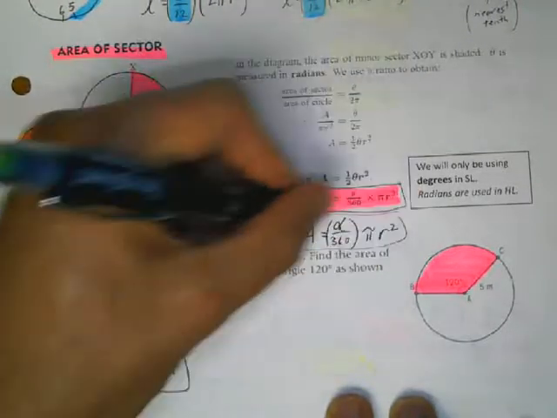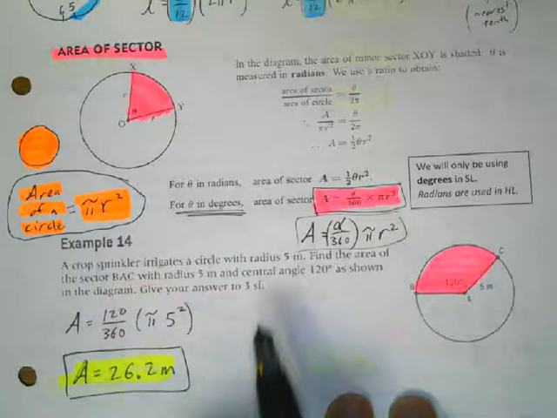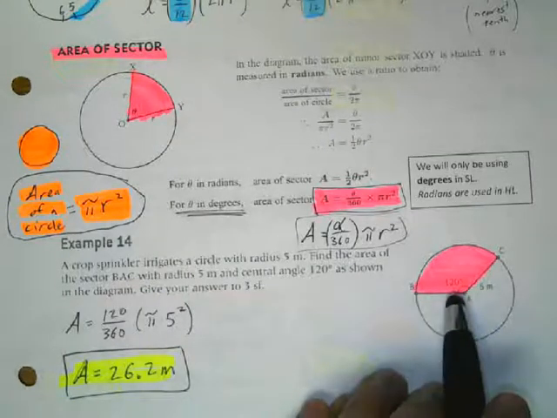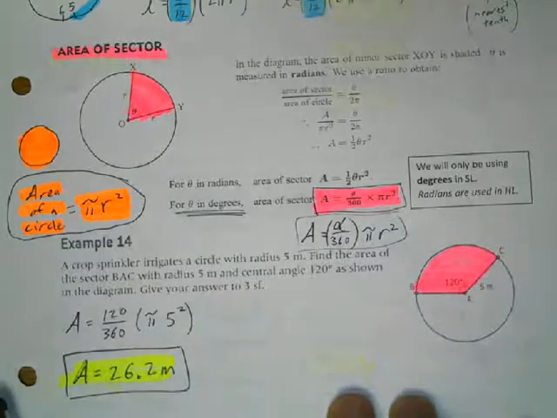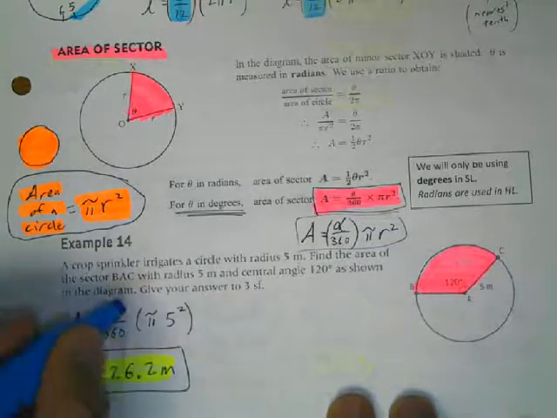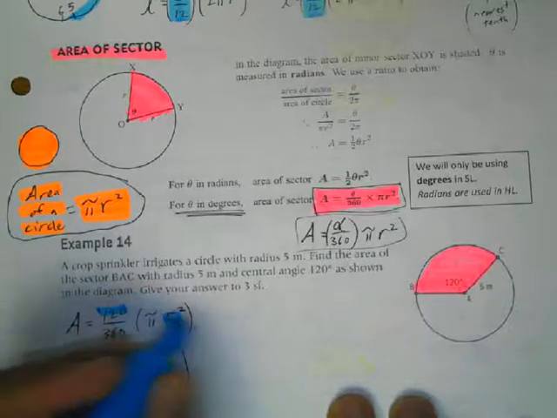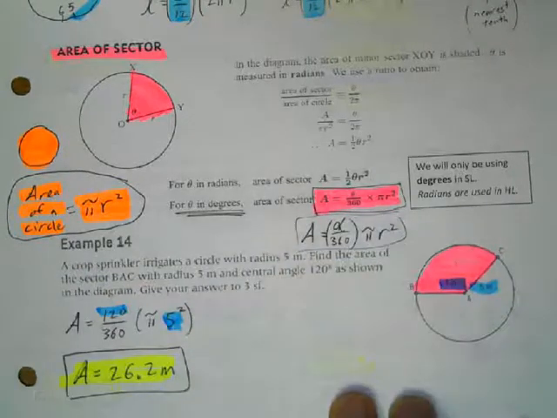Here you're told that the angle is 120 and the radius is 5, so you're simply plugging in 120 and the 5, and then you get your answer.